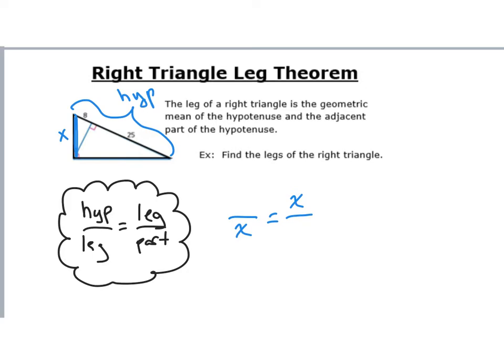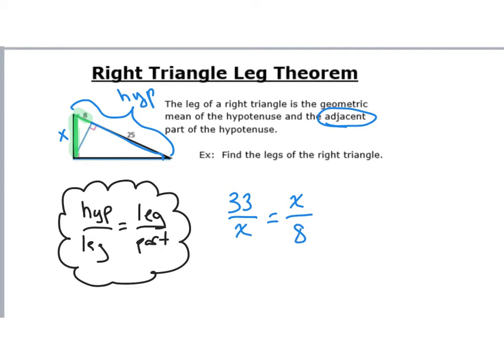Now my hypotenuse is the whole thing, the 8 plus the 25, so 33. And then the part, it says it's the adjacent part of the hypotenuse. So what that means is if I am looking at this leg, then the adjacent part of the hypotenuse is the one right next to that leg. So the adjacent part in this case is 8.